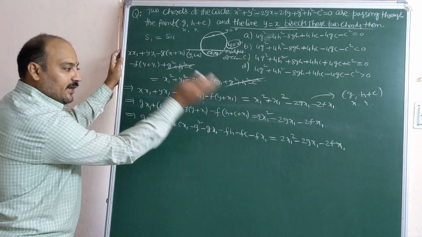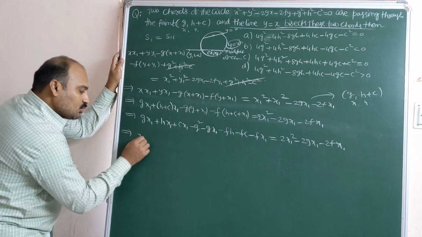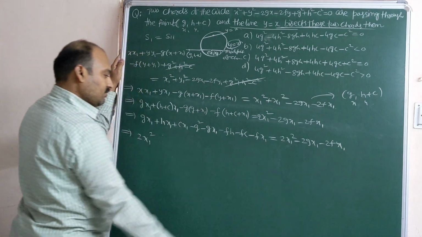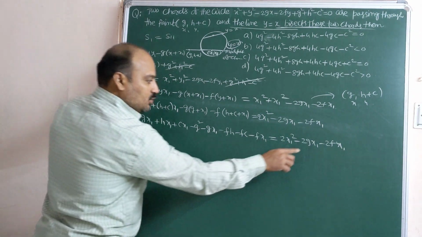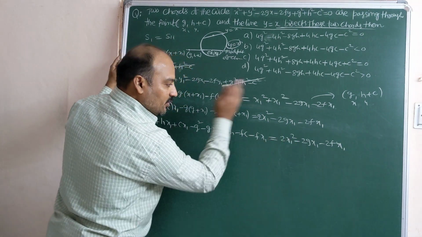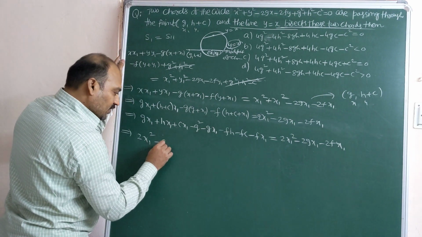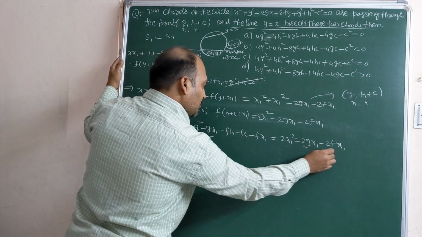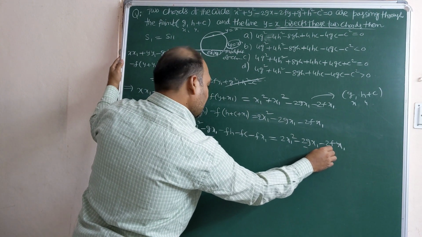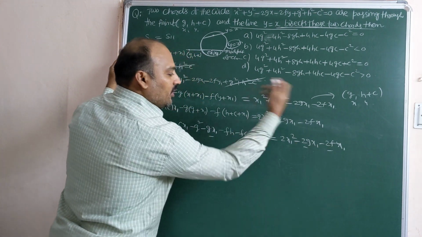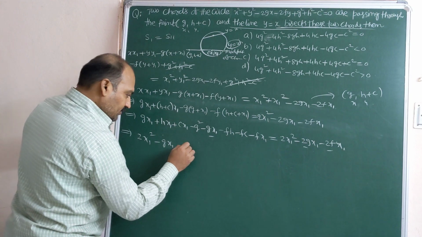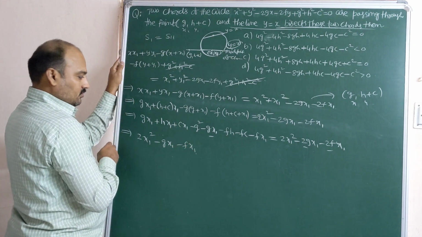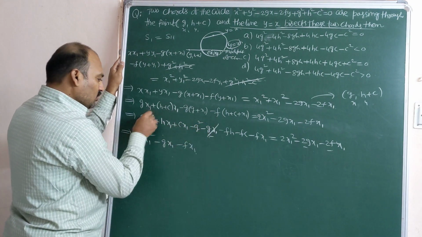All these values we can take this side, dear students. First 2x1 square, 2x1 square. Next 2gx1, here gx1 we can take this side, minus gx1. So these two terms over. Next 2fx1, is there any fx1? Yeah, that we can take that side, minus fx1. So actually these two will be cancelled now.